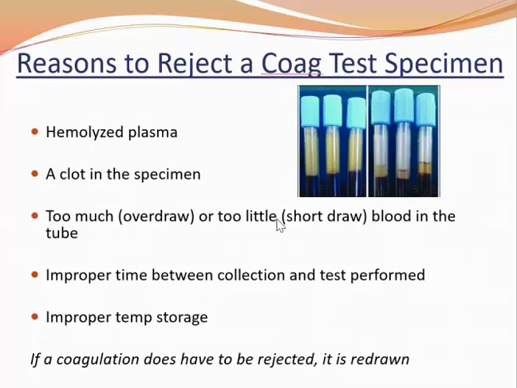Improper storage temperatures, we just mentioned also. Some coag tests have to be stored at room temperature. They cannot be refrigerated. If a coagulation sample has to be rejected, basically we just need a redraw on those coagulation tubes.